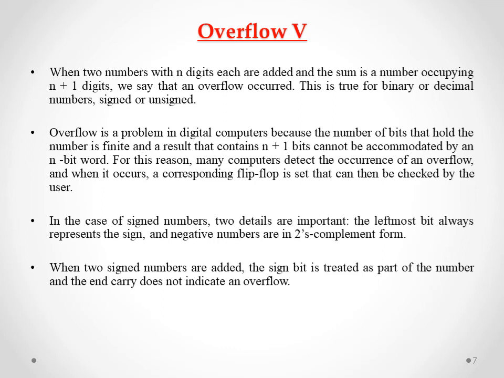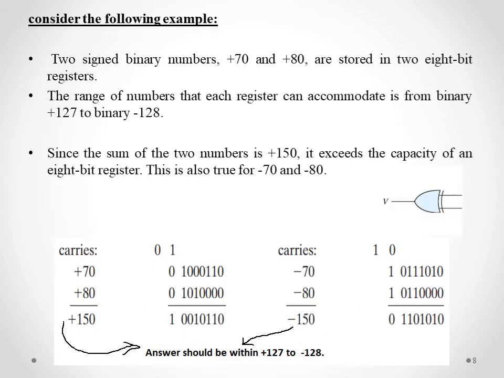In the case of signed numbers, two things are important. The leftmost bit always represents the sign, and negative numbers are in 2's complement form. When two signed numbers are added, the sign bit is treated as part of the number, and the end carry does not indicate an overflow.